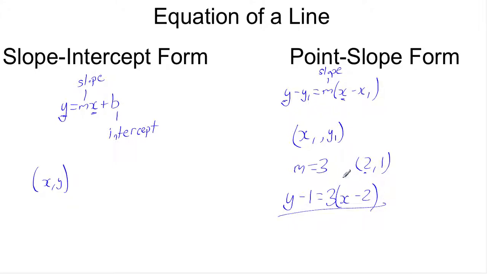This is point slope form for the equation of a line with slope 3 that goes through point (2, 1). Hopefully you can see that you can actually change this into slope-intercept form just with a little bit of algebra.